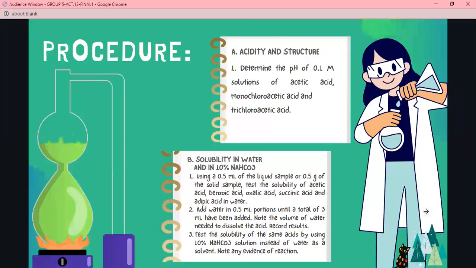Second, add water in 0.5 ml portions until a total of 3 ml have been added. Note the volume of water needed to dissolve the acid. Record results. Third, test the solubility of the same acids using 10% sodium hydrogen carbonate solution instead of water as a solvent. Note any evidence of reaction.